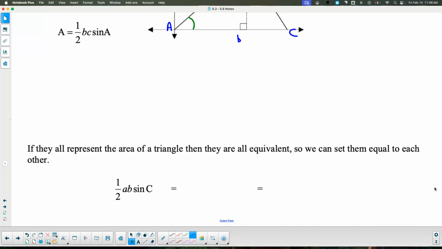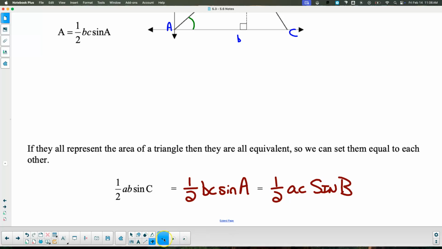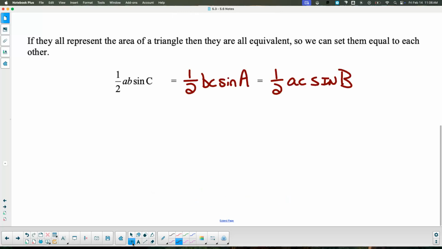So 1/2 AB sine C would equal 1/2 BC sine A would equal 1/2 AC sine B. Now what we can do with that is multiply everything by 2, to make this look a little nicer and prettier.